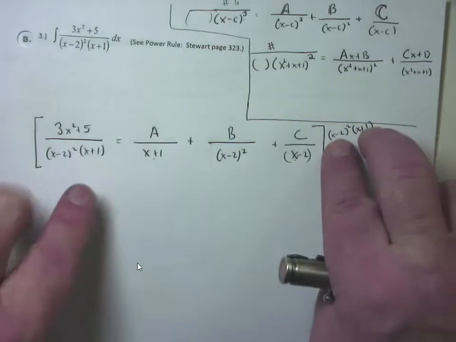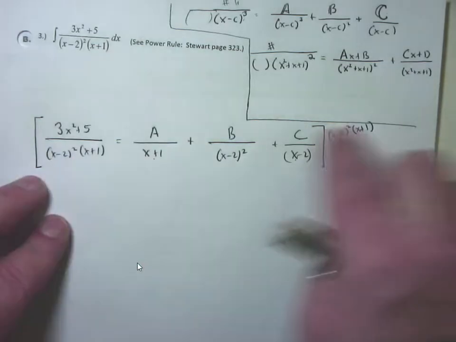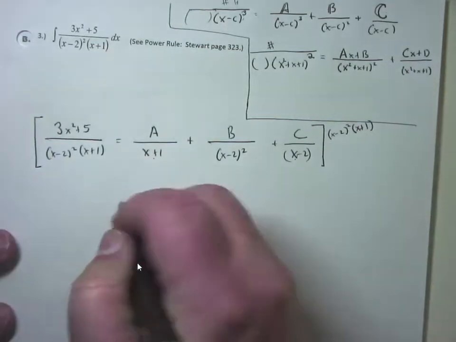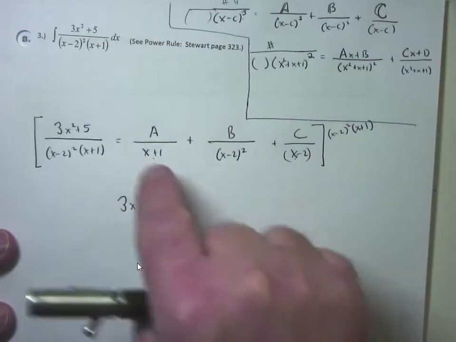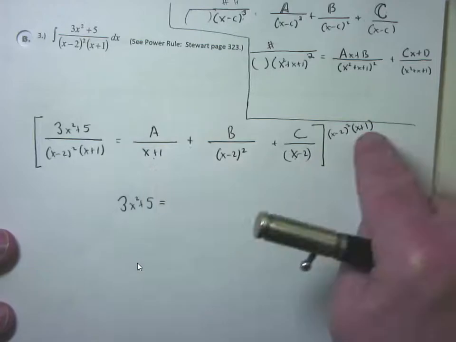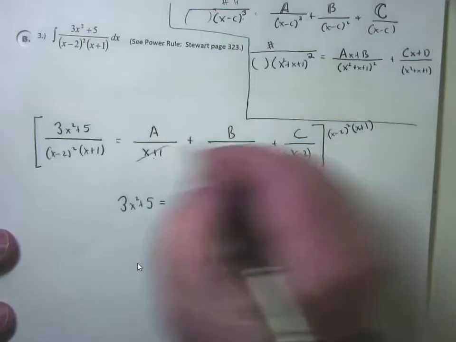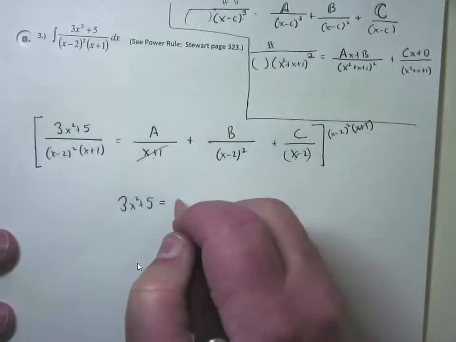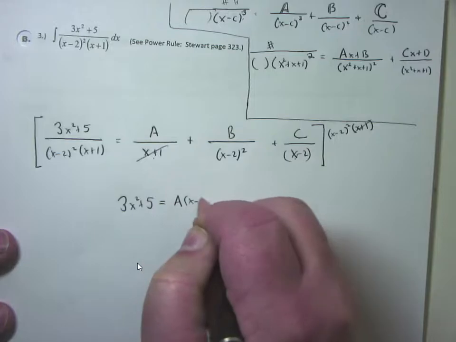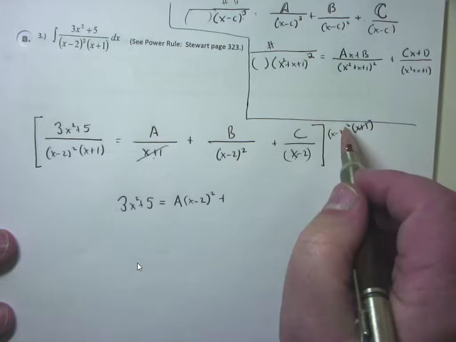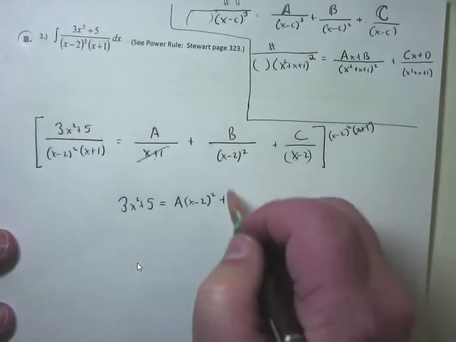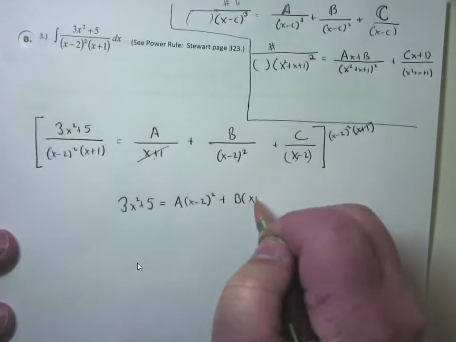So when I multiply by this first term, the entire denominator cancels, and you should just be left with the numerator. 3x squared plus 5 equals here, the a over x plus 1 cancels with the x plus 1, so those guys cancel, and you're left with a times x minus 2 squared, plus here the x minus 2 squared is going to cancel, and you're left with b times x plus 1.